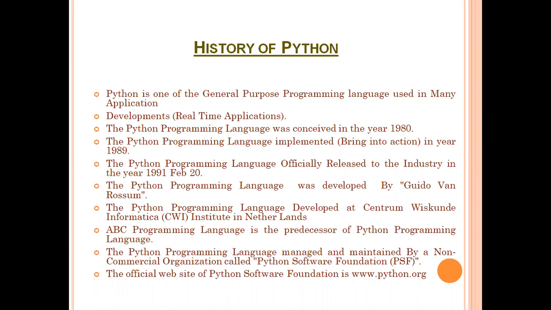Now, the Python programming language was implemented, brought into action, in the year 1989. So it took 9 years to proceed with Python programming.